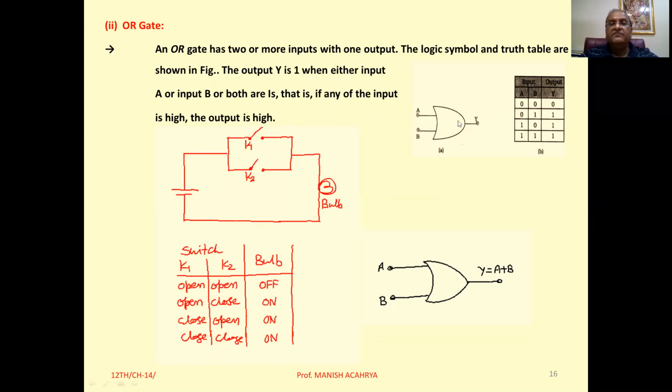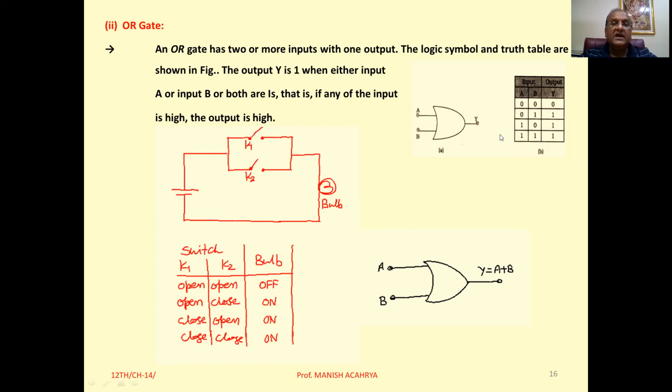So in that, if both the inputs are absent, means at 0, 0 level, output is 0. If A is 0, B is 1, then output is 1. If A is 1, B is 0, output is 1. If A is 1, B is 1, output is 1.